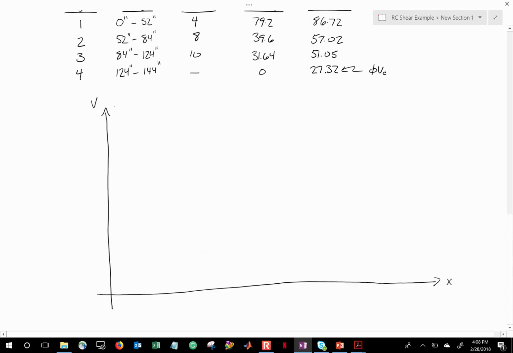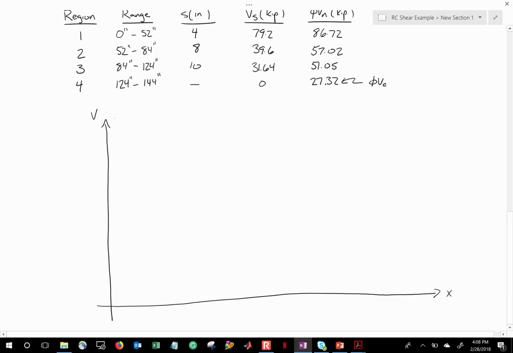Let's take this one step at a time. From x equals 0 to about right here, where x equals 52 inches, our capacity is 86.72 kips. That's our capacity.